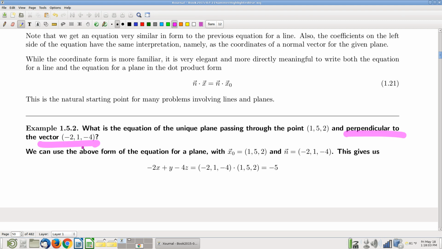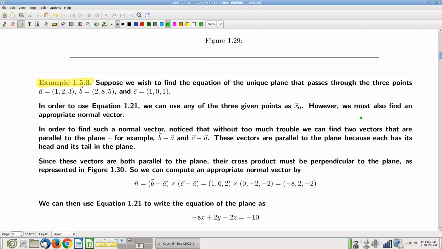Perpendicular to that vector means that's my n. Passes through the point 1, 5, 2 means that's my x naught. And then you just plug in. N dot x equals n dot x naught. And there's the equation of your plane. Cool.